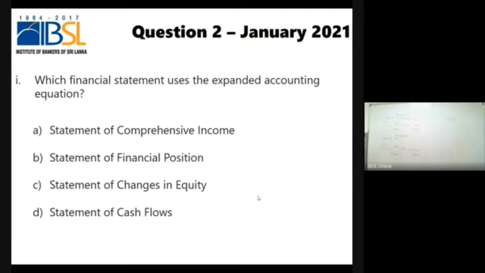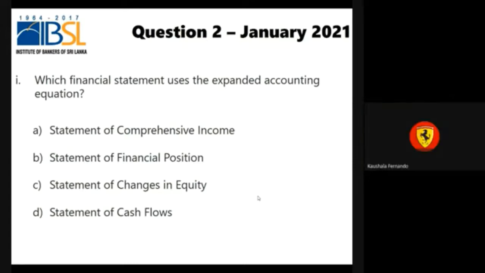So, a statement which captures all the elements that you see. Which one? What is the answer? Which statement? First one.